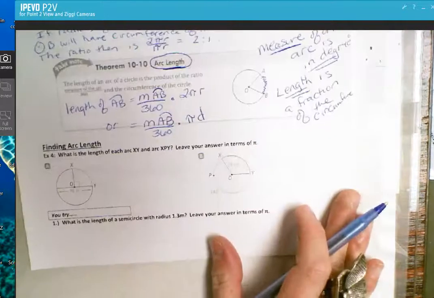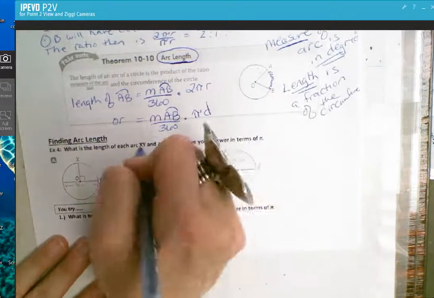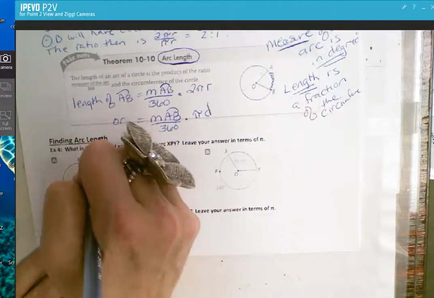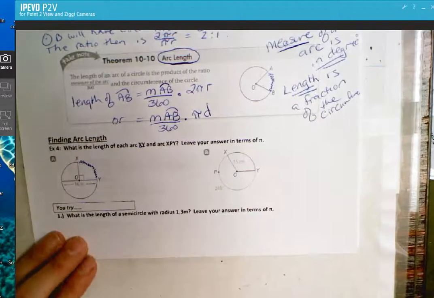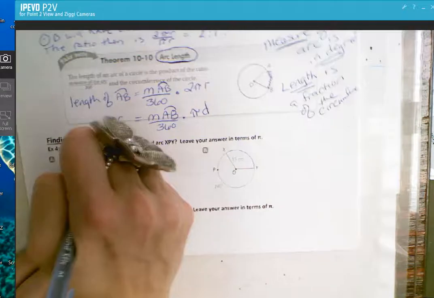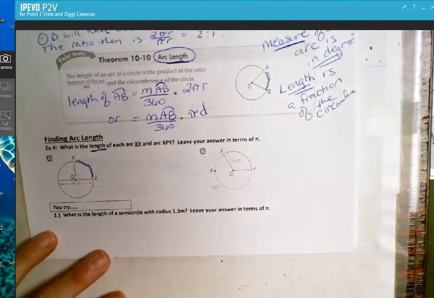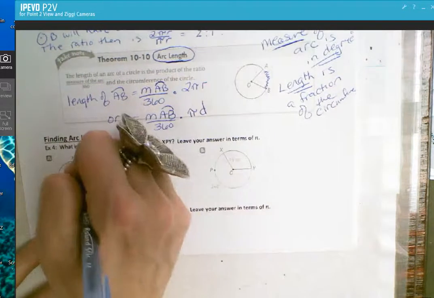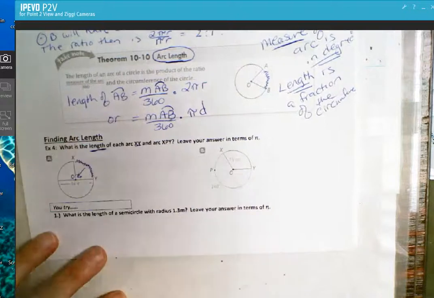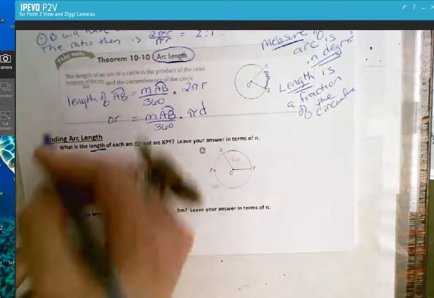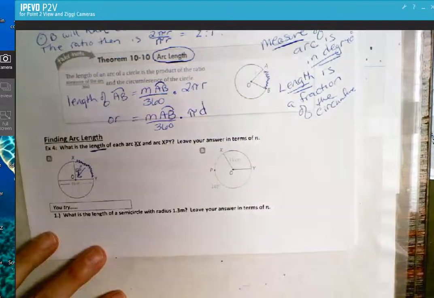So let's take a look. I want to find the length of xy. So I need to find the length of xy. Watch your wording because it tells you which one you're going to use. So we know its central angle, its measure deals with its central angle, so we know it's 90 degrees.